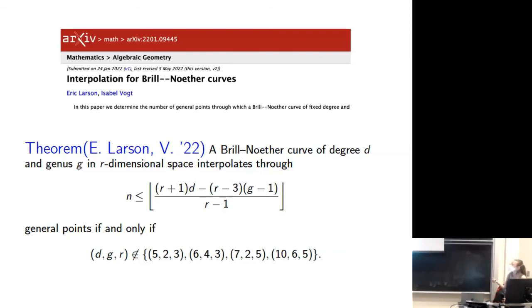And let me say the fact that there are counterexamples makes this theorem even harder, because the way that we prove this is we develop ways of reducing this problem for d, g, and r to smaller d, smaller r, smaller g. So we do some huge induction on this 3-dimensional possible lattice of these d's, g's, and r's.